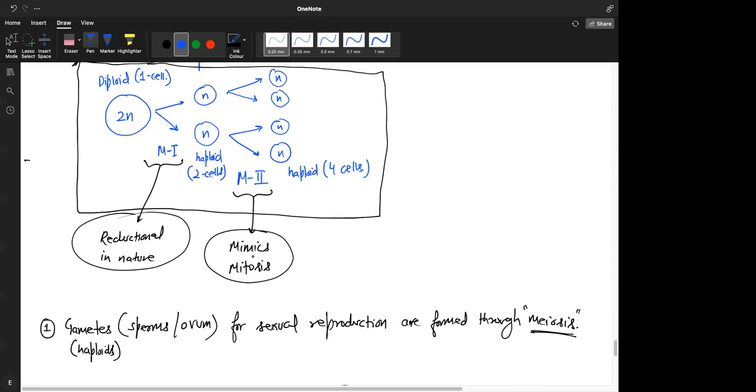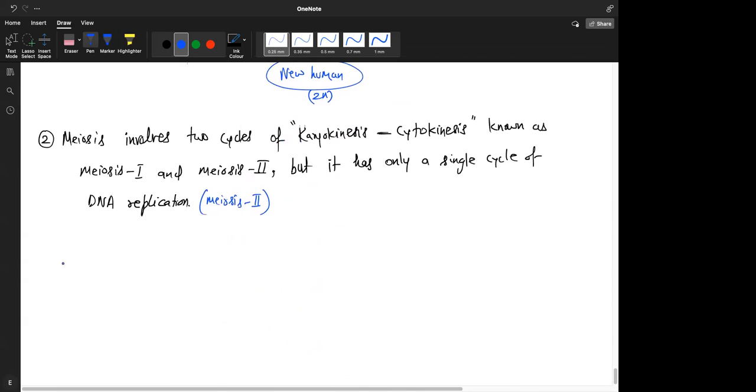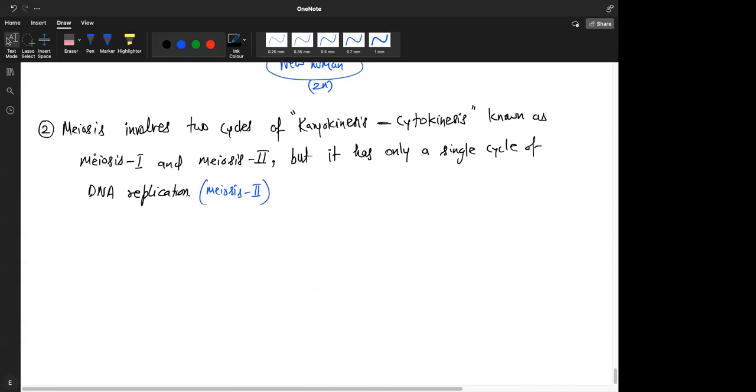So just know this, meiosis 2 mimics mitosis only. Is this clear, everyone? Only meiosis 1 is difficult, and in fact, even in meiosis 1, only the prophase is difficult.